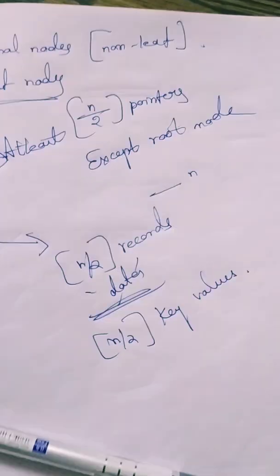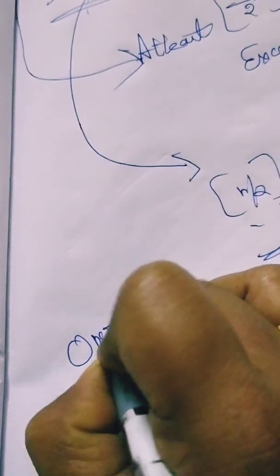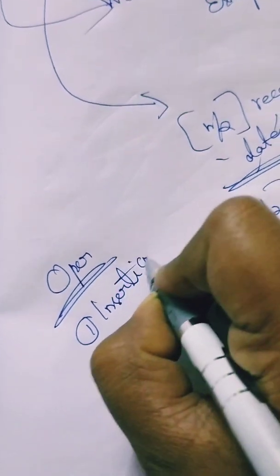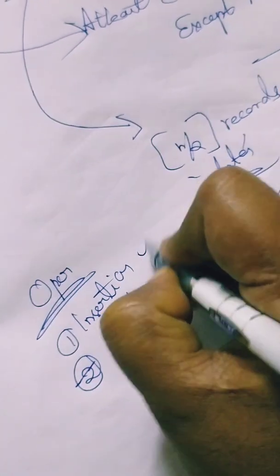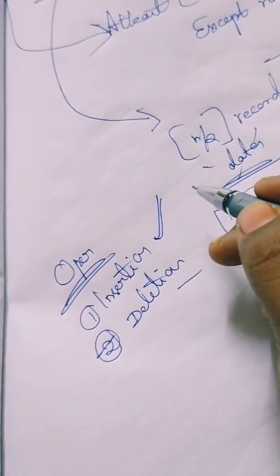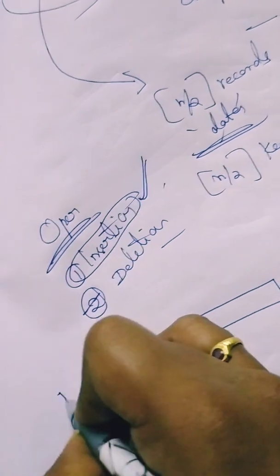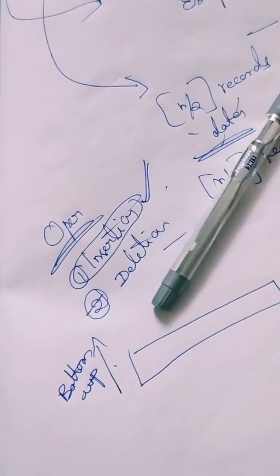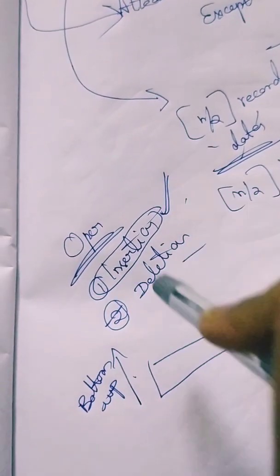Then what about the B plus tree properties? What about the operations? We already know about insertion and deletion. Insertion can be done from the leaf node, so it has to be done from the leaf level. This also follows the bottom-up approach like our B trees.